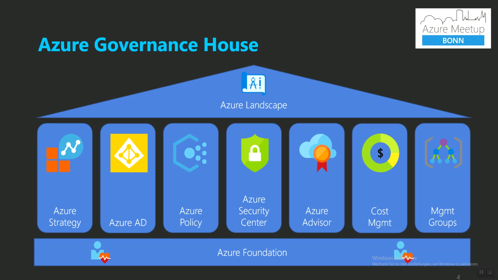Management groups can also be helpful at different layers. But for today, we are focusing on Azure Policy and Azure Security Center. From my perspective, they are really helpful and give you a good overview and good possibilities to define a good governance landscape for your environment.